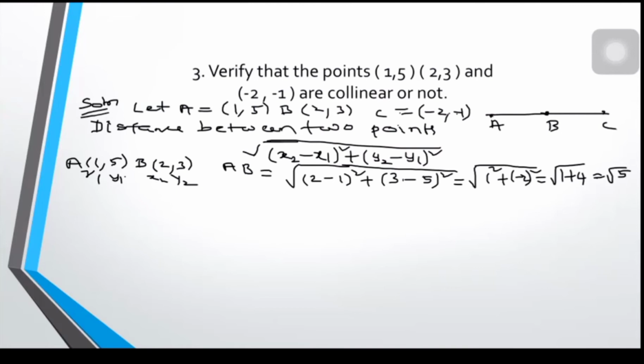Next BC. B is point 2 comma 3, C is point minus 2 comma minus 1. So BC is equal to root of x2 minus x1 whole square plus y2 minus y1 whole square.